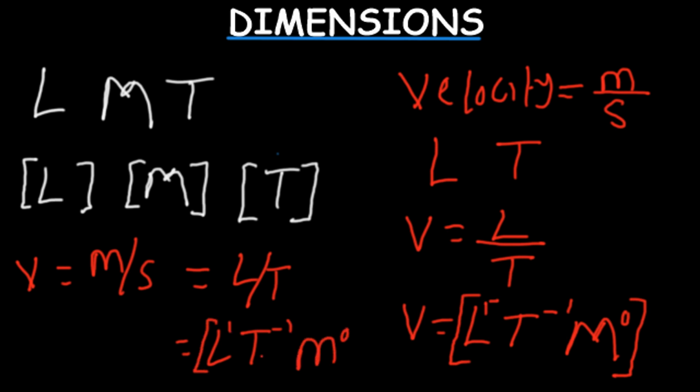Then you put it in a closed bracket in order to show that it is a dimension. So basically, velocity is dimensionally L to the power of 1 multiplied by T to the power of minus 1 and M raised to the power of 0.